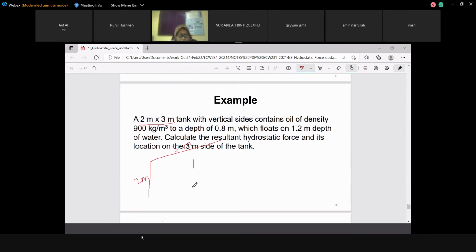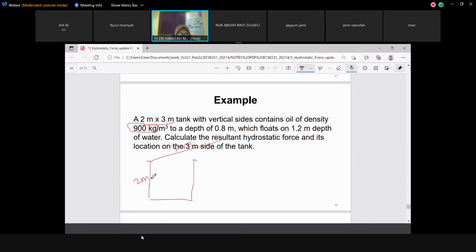Okay, so this is the tank. Tiga ni bukan length, dia width. Bukan panjang. Okay, and then dia kata tank ni ada oil. Oil ni terapung di atas air.